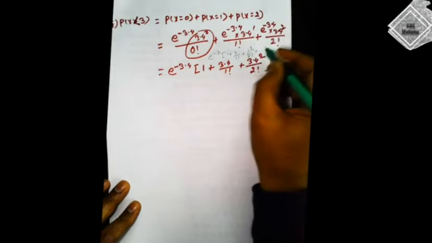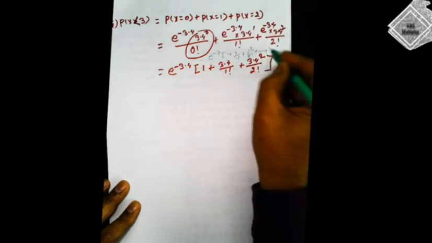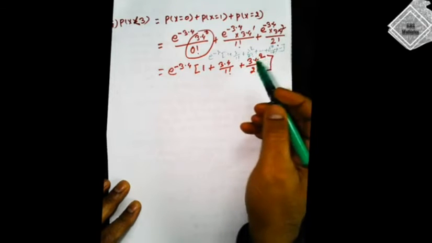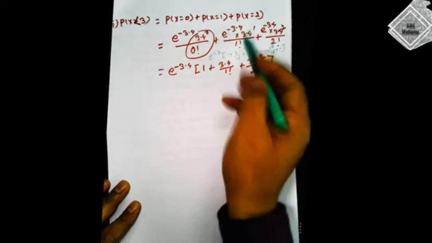If there is another term, then it will be lambda to the 4 over 4 factorial. So you can see the pattern of how it is going on here, and then you can write it directly instead of writing all this in detail.